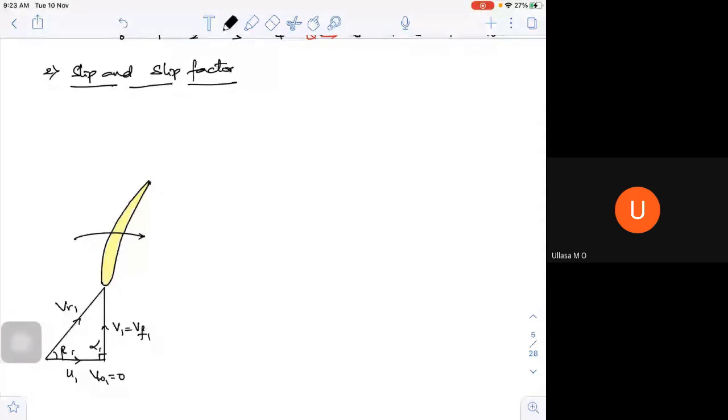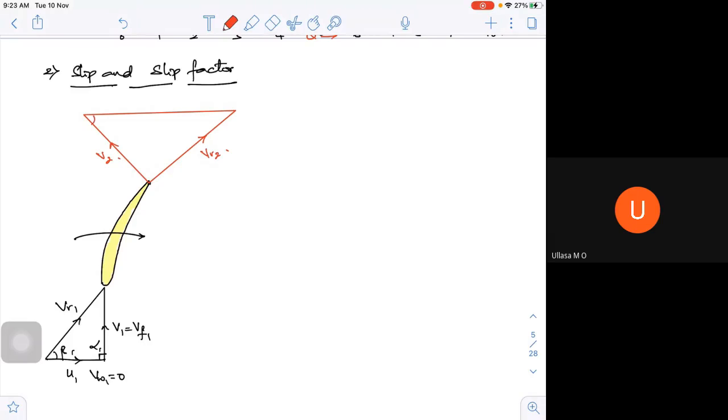Now, let me draw my outlet velocity triangle. This will be my VR2. Then this will be my V2. I am trying to draw a bigger velocity triangle so that at the exit my energy level is more.